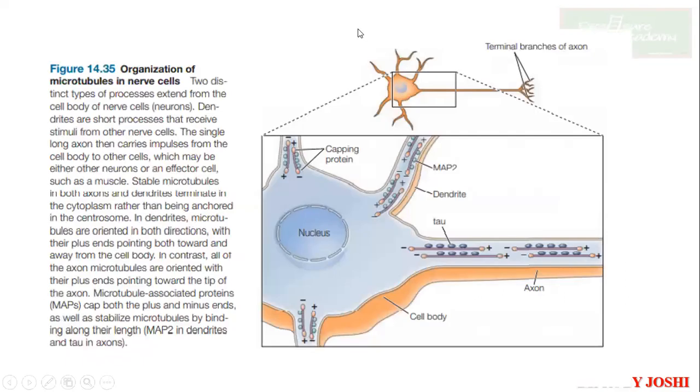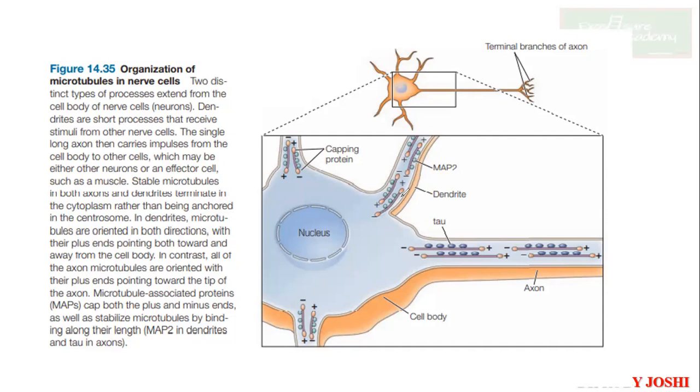So here you can see this is your neuron, right? And then we have the axon, the cell body, and the dendrites. Now we see that each end of your microtubule is not originating from the centrosome. It is released from the centrosome. They are not anchored to the centrosome, and they are stabilized.